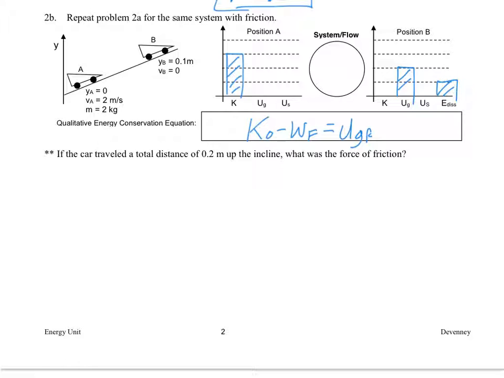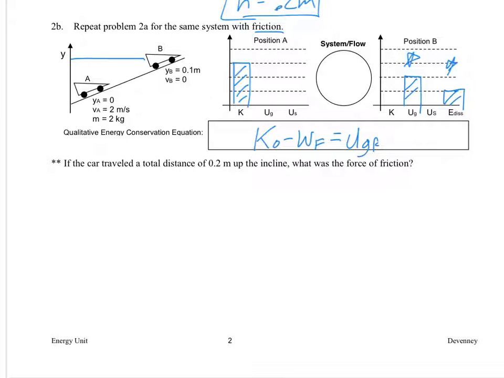Now in this problem, it says that there's friction. Well, looking at the picture, it looks like it reaches the same height, so my gravitational potential energy remained the same, but now I needed this dissipated energy. Well, the only way that can happen is if my car initially was going faster than it was going before. And so that's what we talked about in class, about making that diagram work.